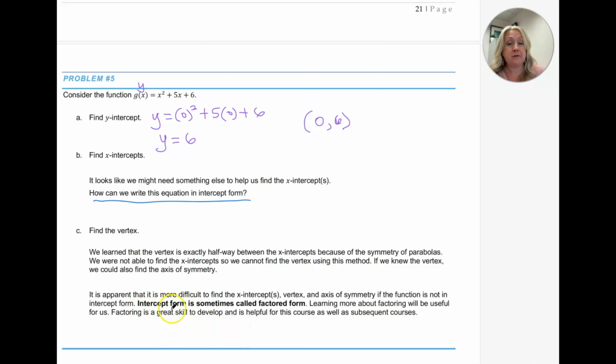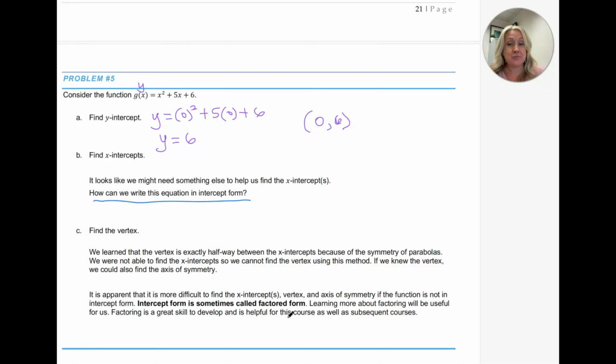Remember I said at the beginning, intercept form is sometimes called factored form, and that's because we're going to take this polynomial, change it into factored form, and then we'll be able to find our x-intercepts a lot easier.